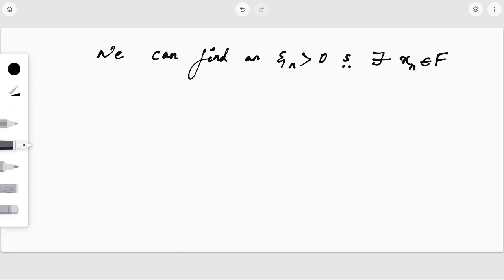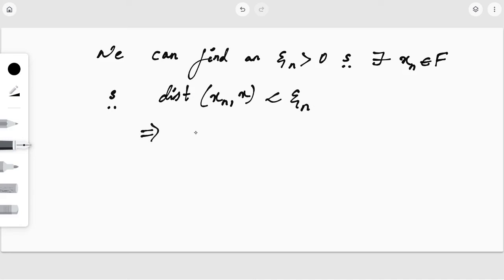As the open ball is not contained in O, some portion of it will be in O complement, that is f. So we can find an xn belongs to f such that the distance of xn and x will be less than epsilon.